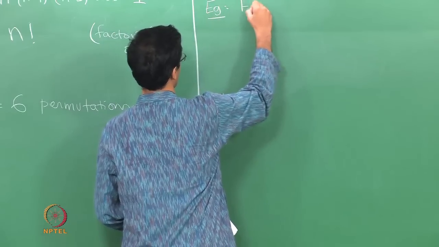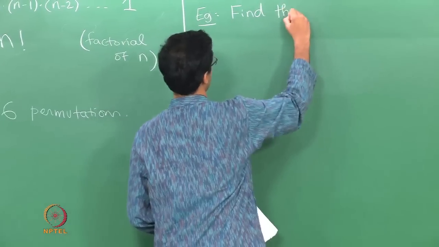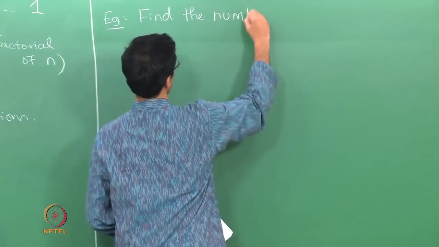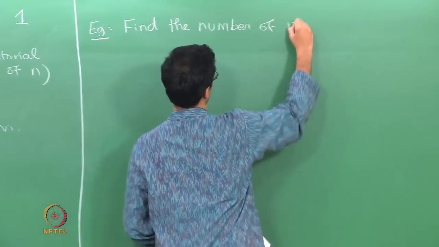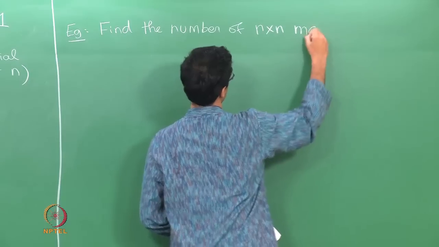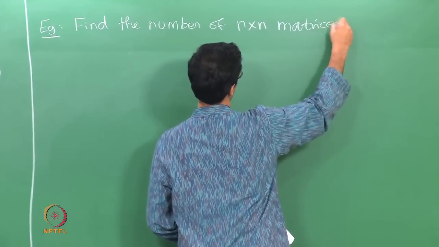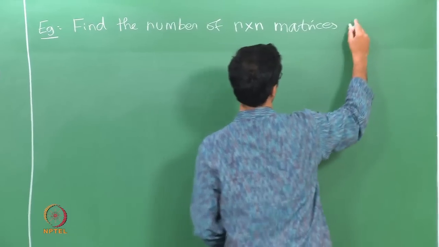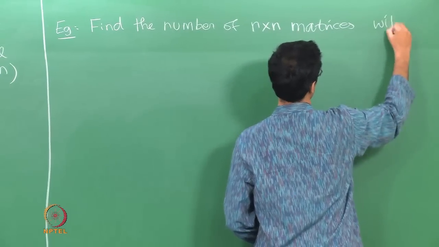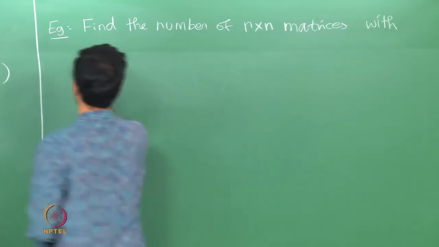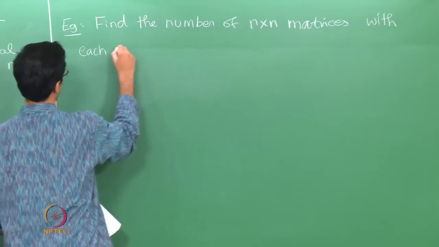find the number of n cross n matrices, here again n being the same number n, with each entry being 0 or 1.